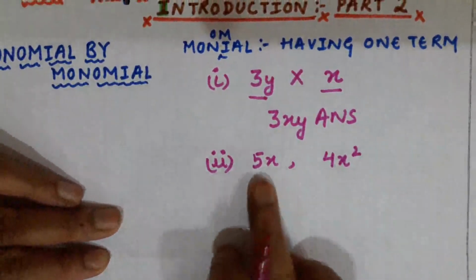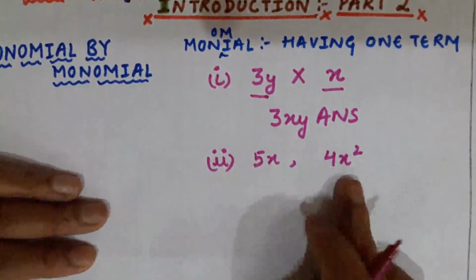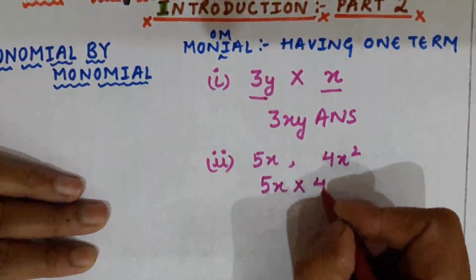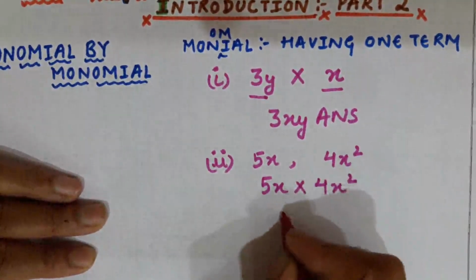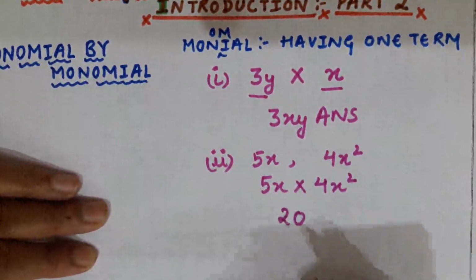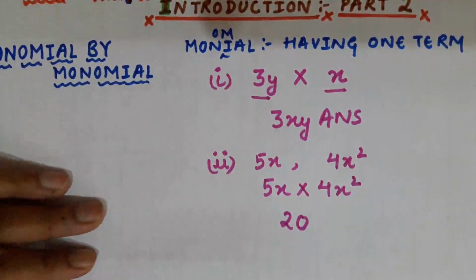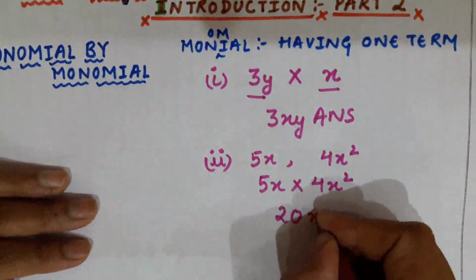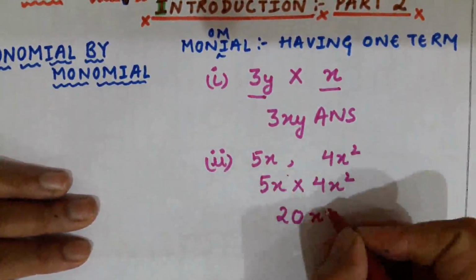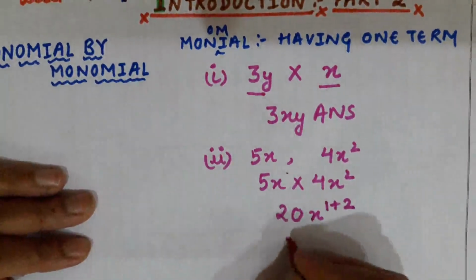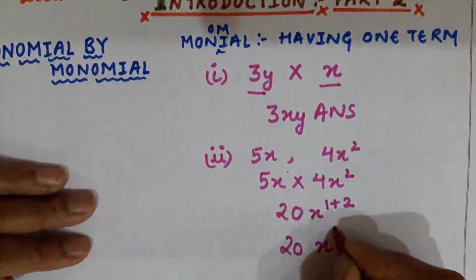Both have one term, so multiply them. 5x multiplied by 4x square gives you 20, and in multiplication the powers of the variable add with each other, so x with power 1 plus 2 gives you 20x cube.